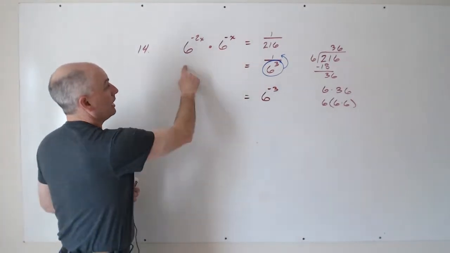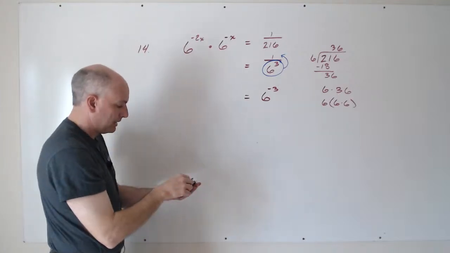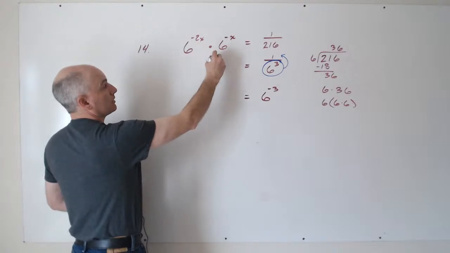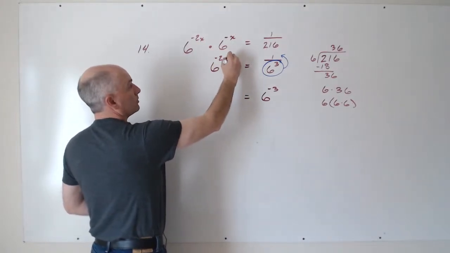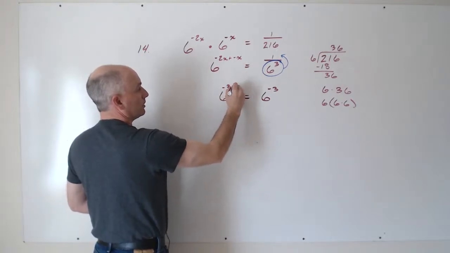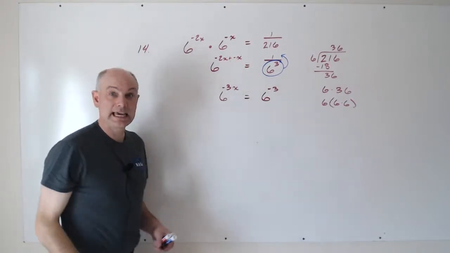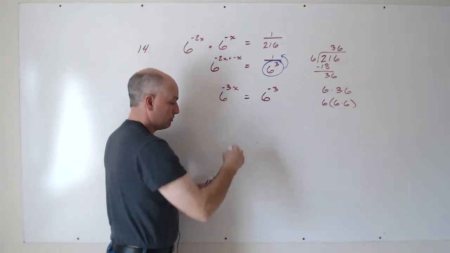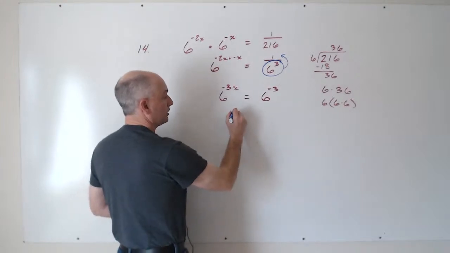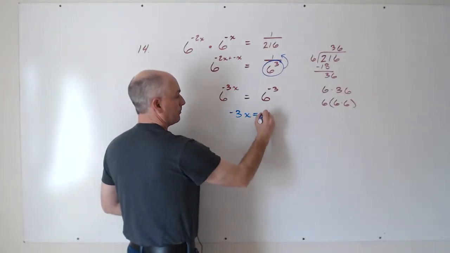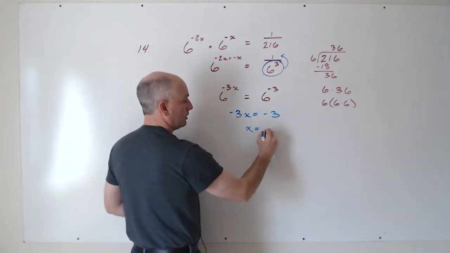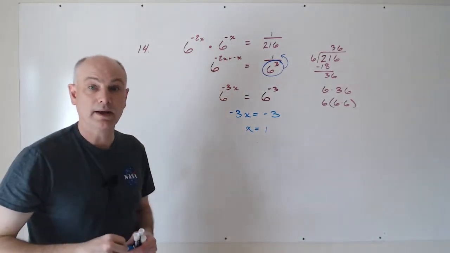Then on the other side, I can combine those as a single base and add the exponents. So that would give us 6 to the negative 3x, negative 2x minus x. Now your bases match, so we can set the exponents equal to each other. Division by negative 3, and we get x is equal to 1.